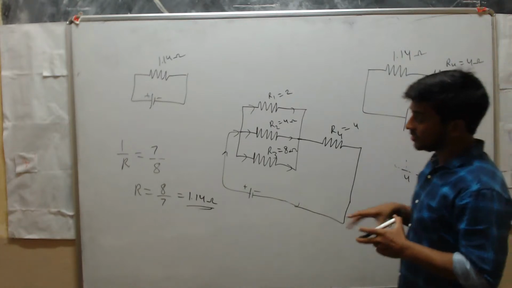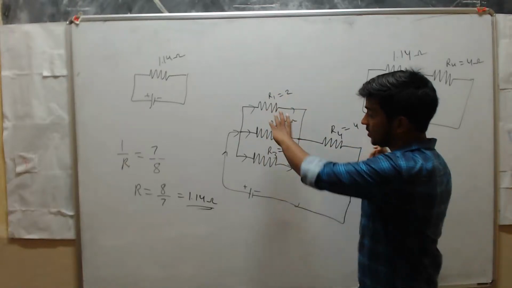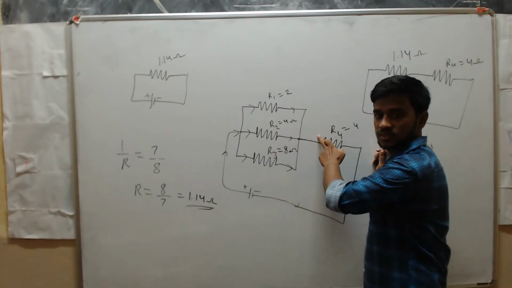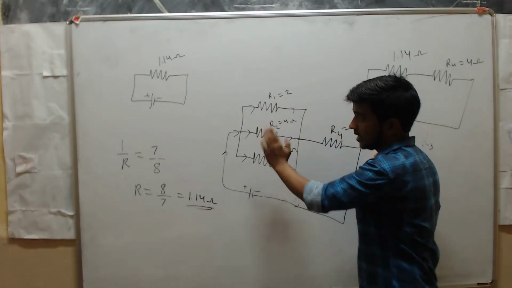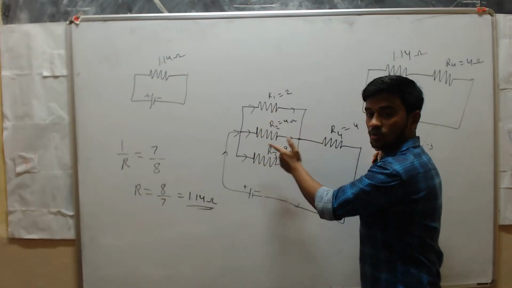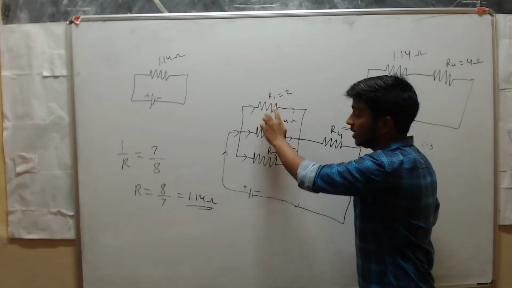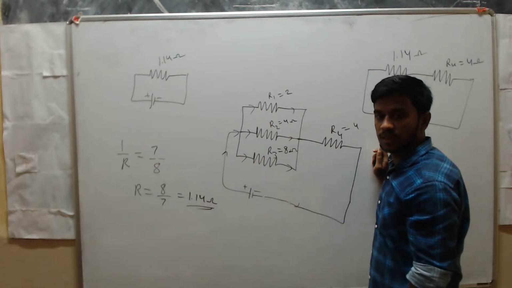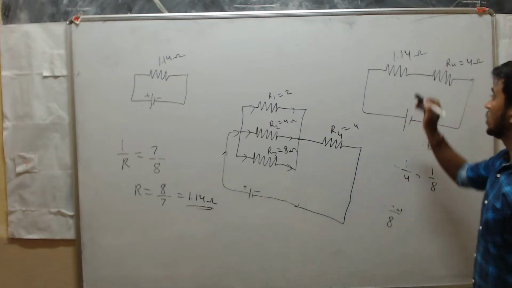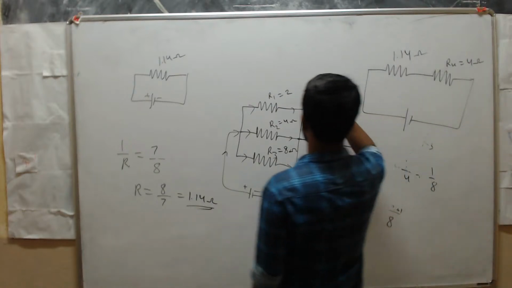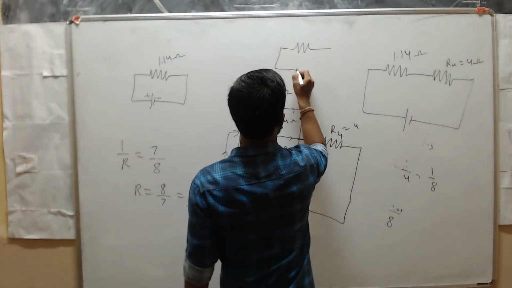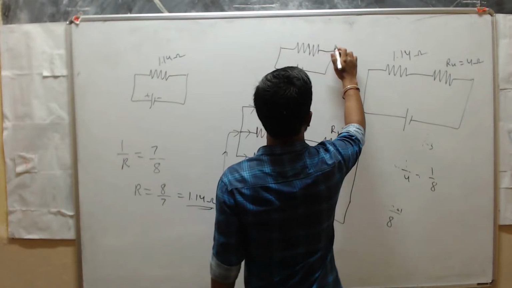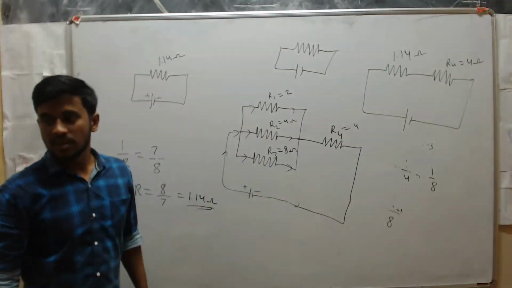These 3 are in parallel, but this entire parallel combination and this one are in series. Now if you solve these two, finally it will become one resistor, like this.